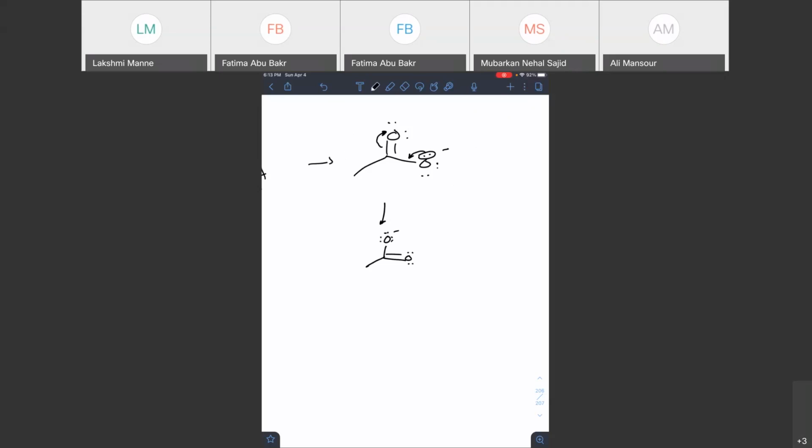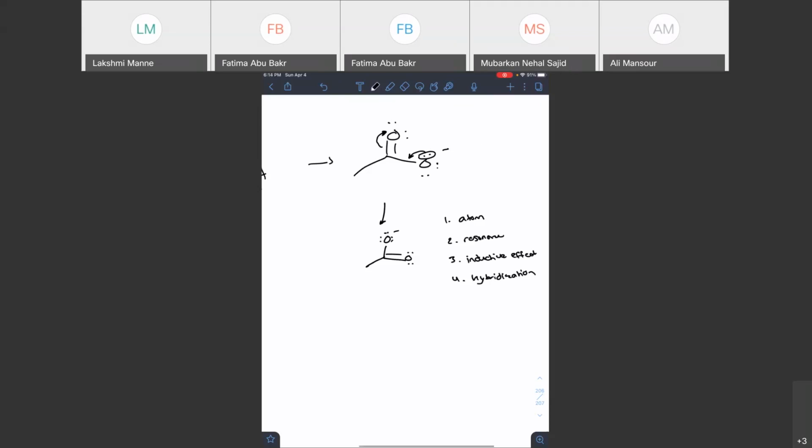And before we talked about all of the different things that make something acidic, right? Those were, I think, the first was atom, the second was resonance, the third was inductive effect, and the fourth was hybridization.